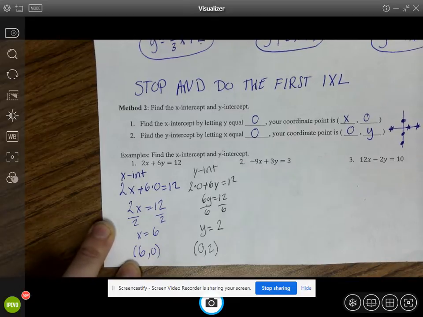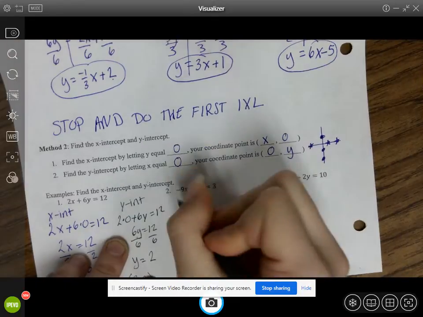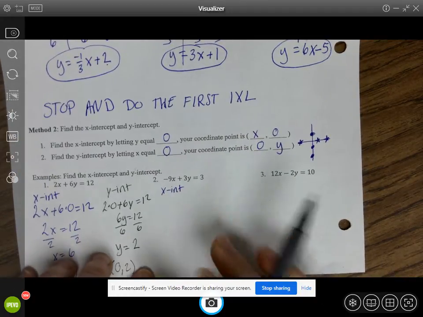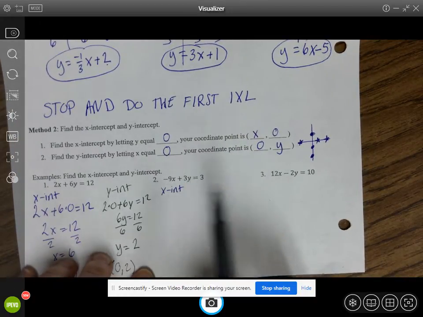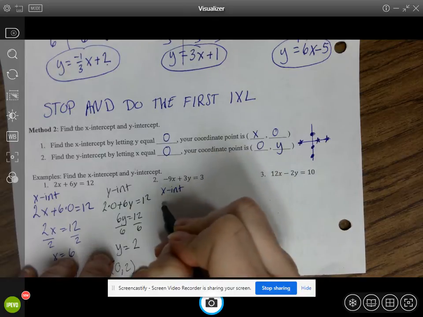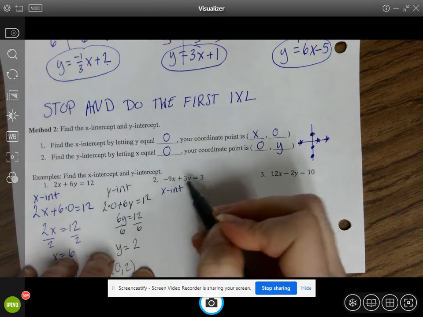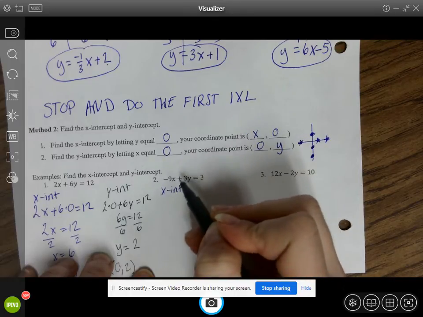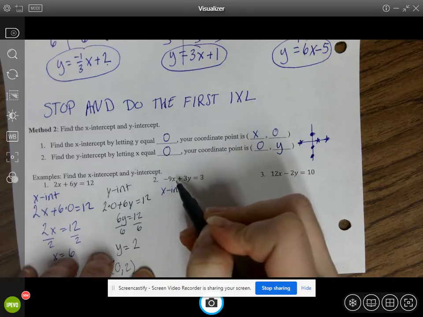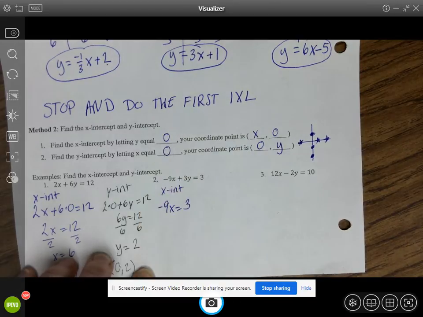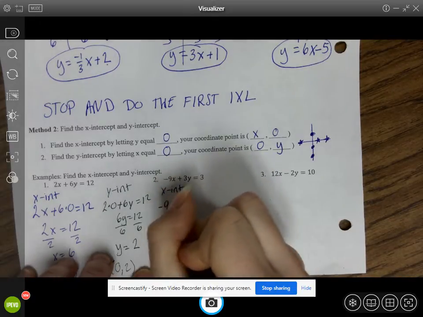All right, let's look at the next one. So we're going to plug 0 in for y. You can show that step, or you know if you plug 0 in, that term right here is going to go away. Leaves you with negative 9x equals 3. You would divide both sides by negative 9.